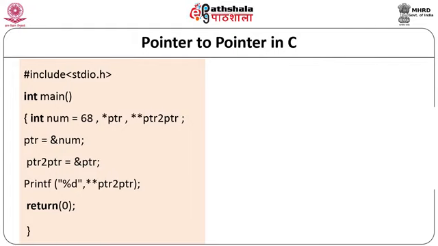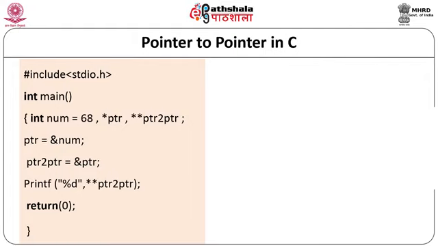Then the body of main is int num = 68, *ptr, **ptr_to_ptr; ptr = &num; ptr_to_ptr = &ptr; printf %d with **ptr_to_ptr, because you are considering it as an integer; return 0, because we are assuming the main function as an integer.